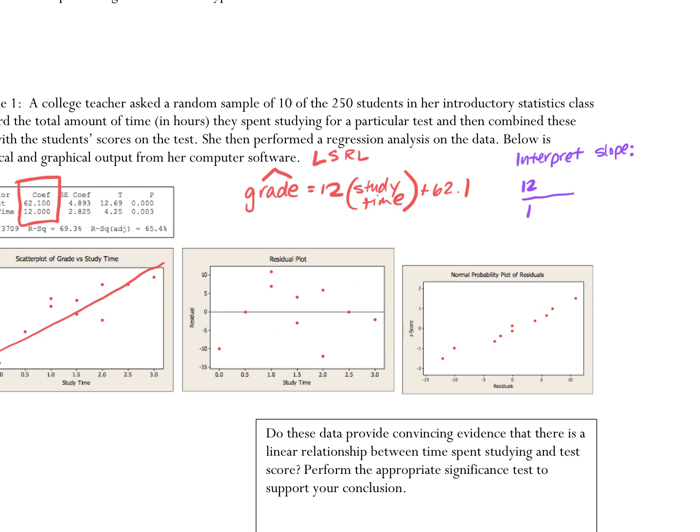And let's see, are you guys with me that slope in general in our heads is change in y over change in x? So that 12 is my change in y, which in this case is change in grade. And the 1 is my change in time, study time. So that's to help me come up with the following sentence.